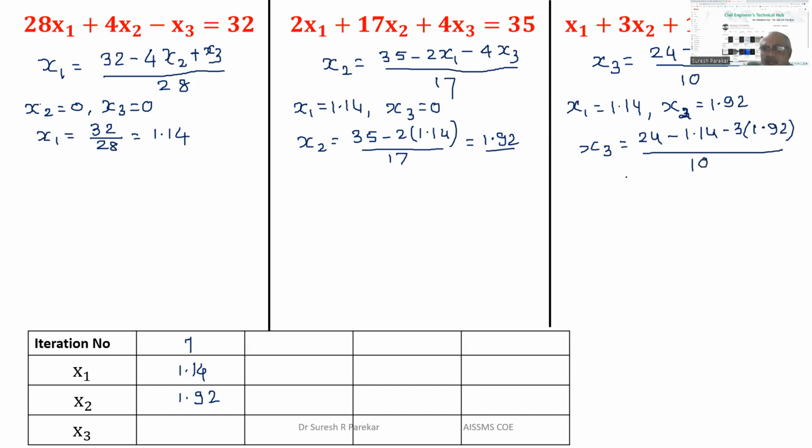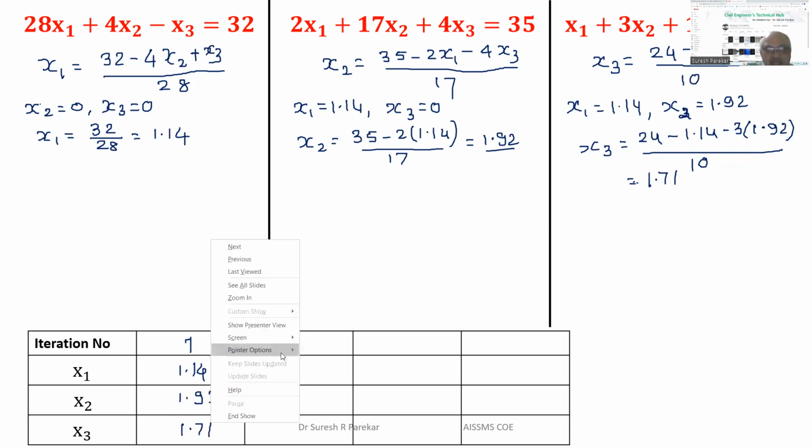And from this we get the value of x3 equal to 1.71. I already mentioned it is not separate.